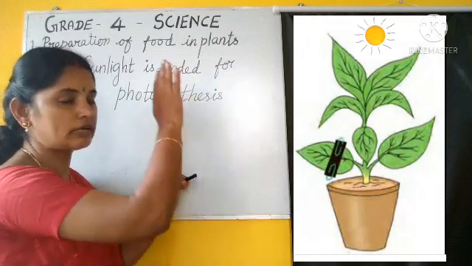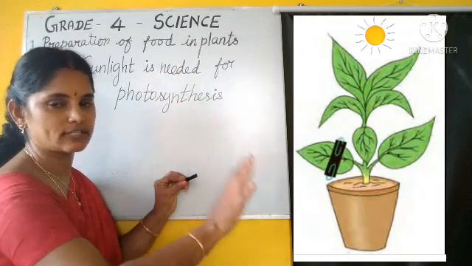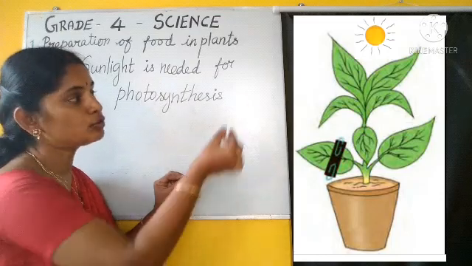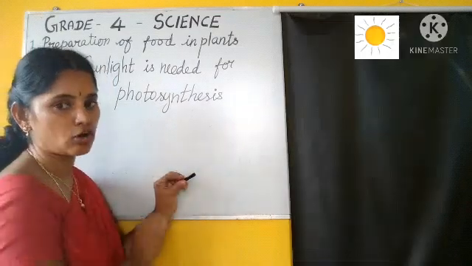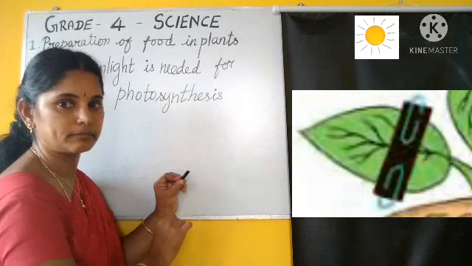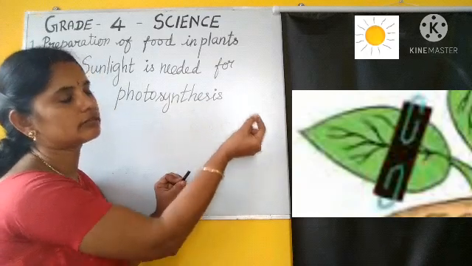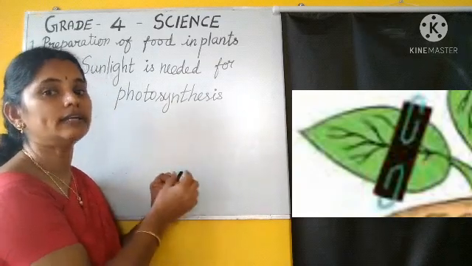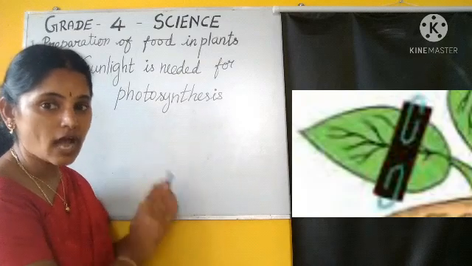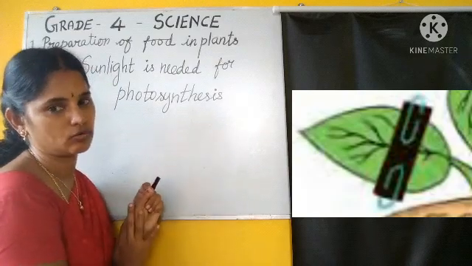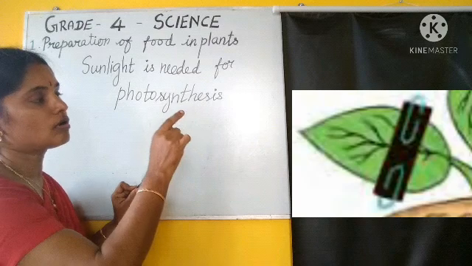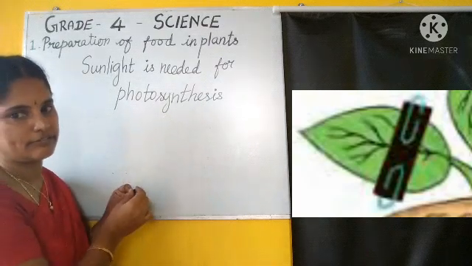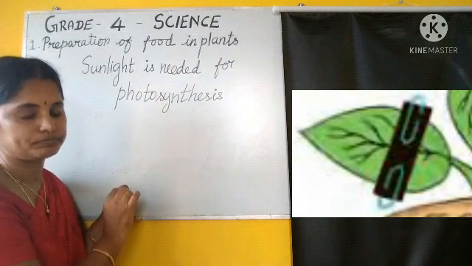Leave the potted plant as such in sunlight. Now pluck the covered leaf alone. Pluck that covered leaf, and now we are going to do the starch test on that leaf alone.